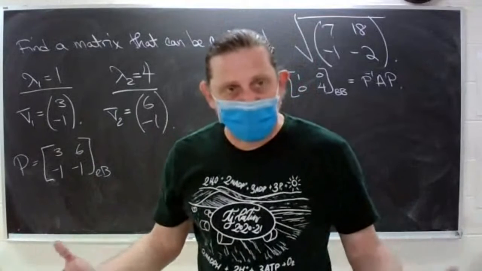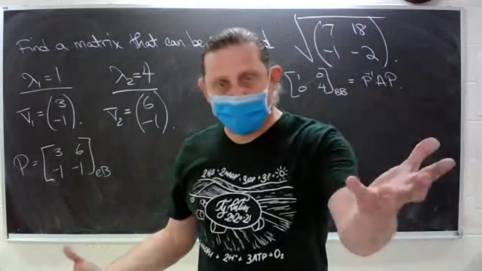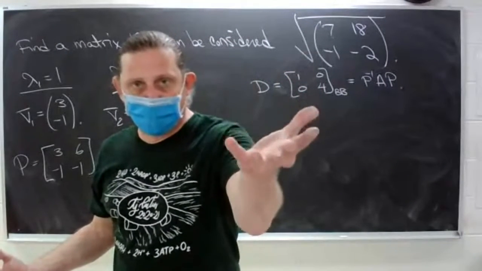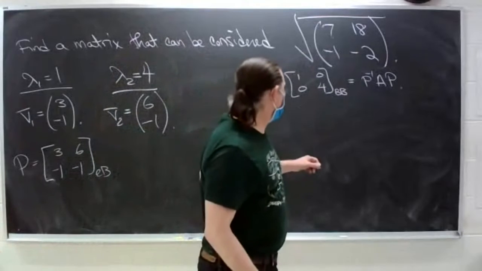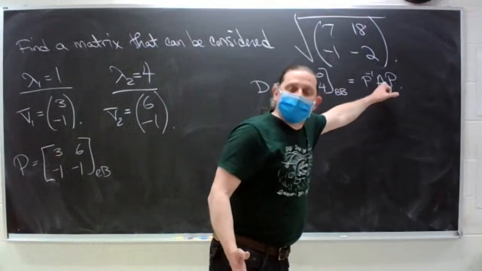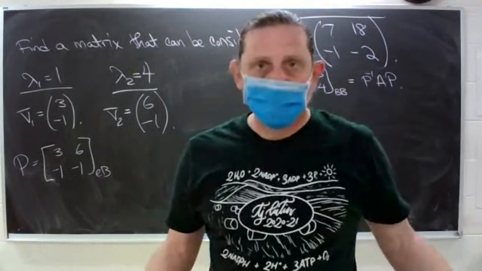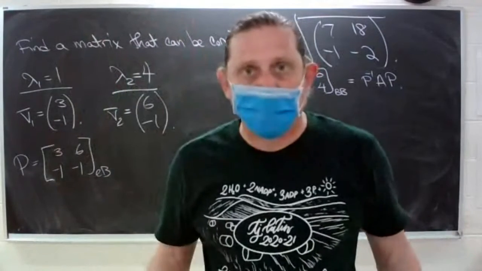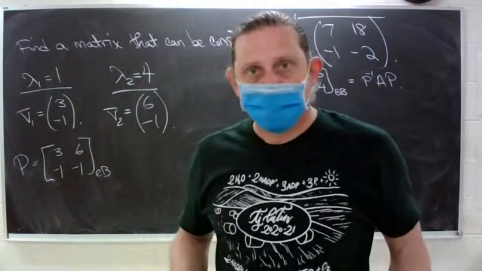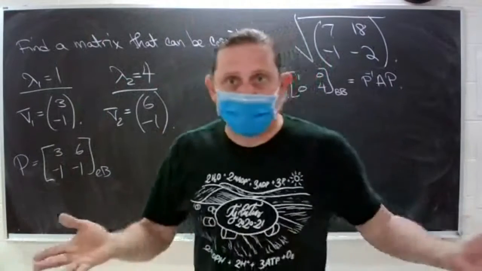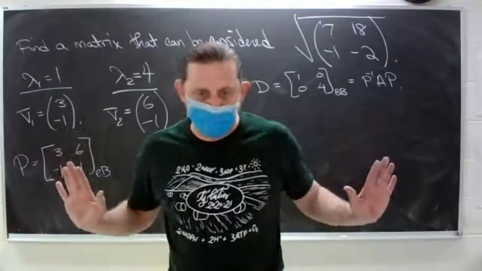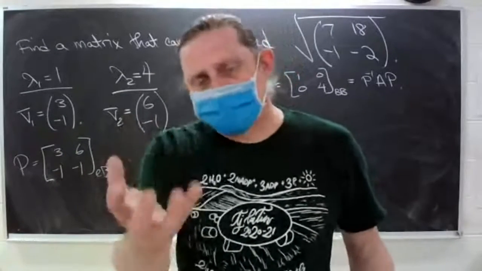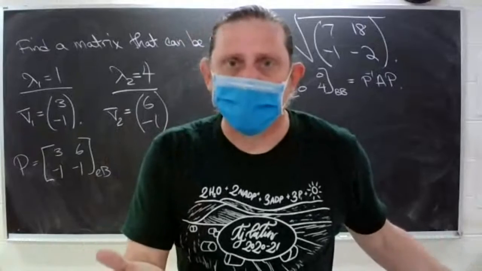Okay? Every matrix that transforms R2 in the E basis to R2 in the E basis, like matrix A, has a counterpart matrix that performs the analogous transformation over here in the B basis.